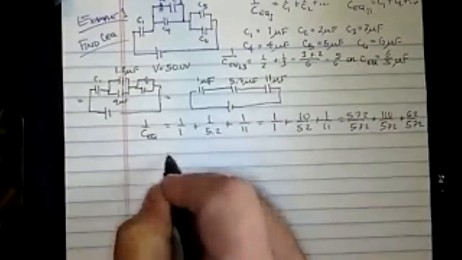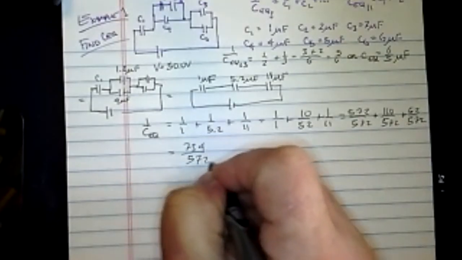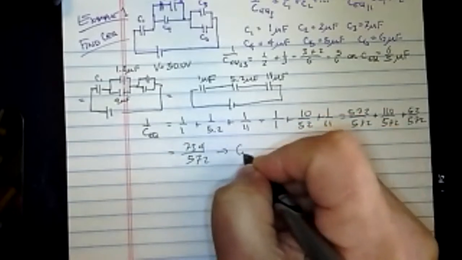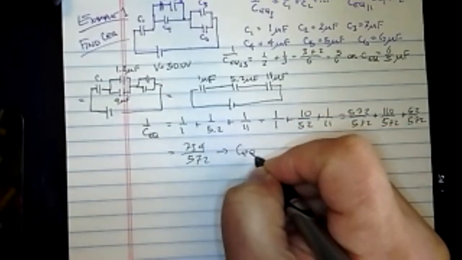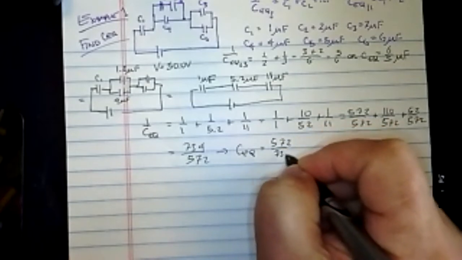So now I can see that 1 over C equivalent is really 572 plus 52, which would be 624, 724, 734. So 734 over 572. That means C equivalent is equal to 572 over 734.